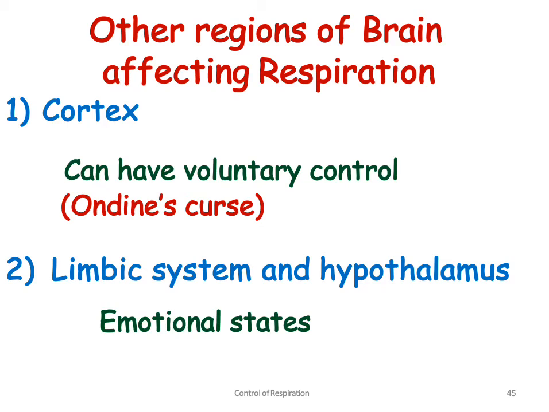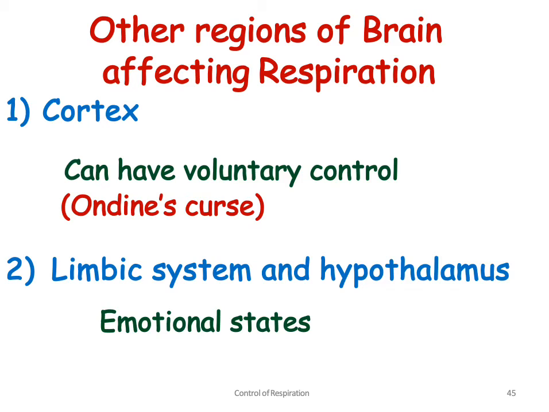An example is Ondine's curse, where there is hypoventilation, also called congenital central hypoventilation syndrome, which can be due to a congenital defect, or caused by trauma, or acquired later in life. Basically, Ondine's curse is due to loss of the autonomic control of breathing.